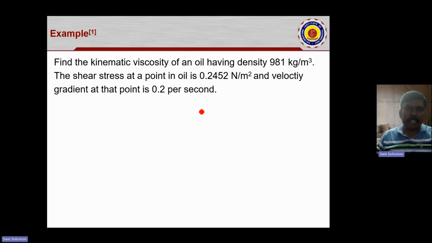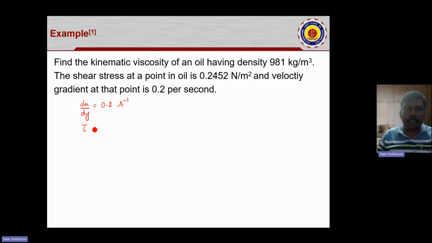The next problem is find the kinematic viscosity of oil having the density 981 kilogram per meter cube. Shear stress at a point in the oil is given and the velocity gradient. What is this velocity gradient? This velocity gradient is nothing but du by dy. Du by dy is directly given as 0.2 per second, which is second to the power minus 1.